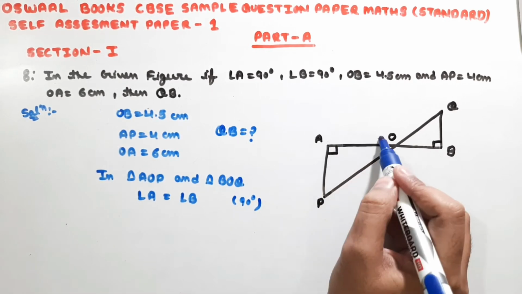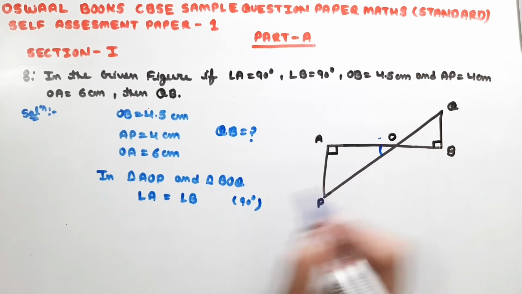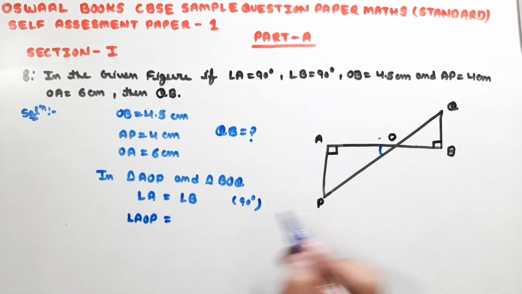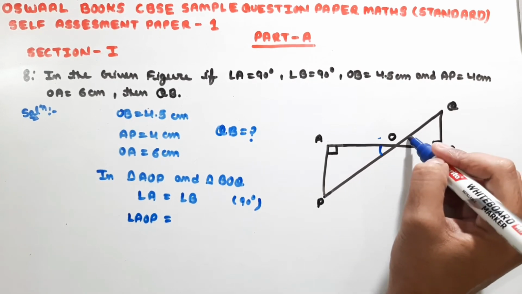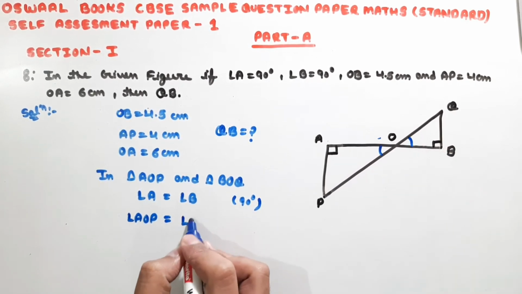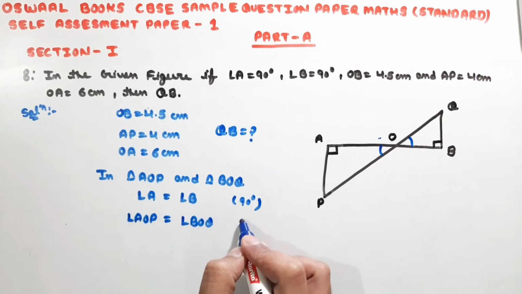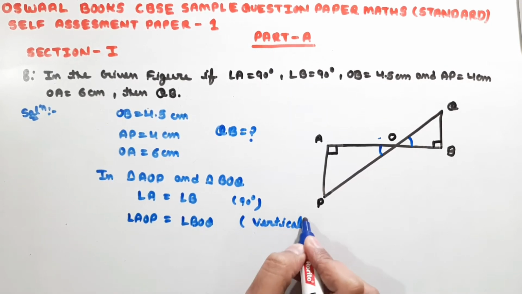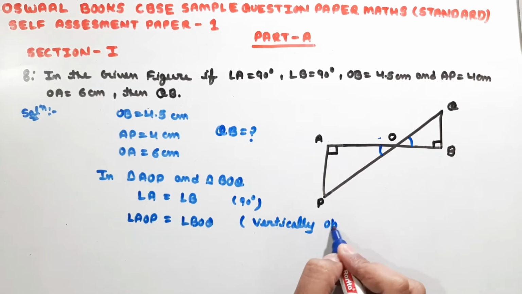Angle AOP equals angle BOQ, as both angles are vertically opposite.